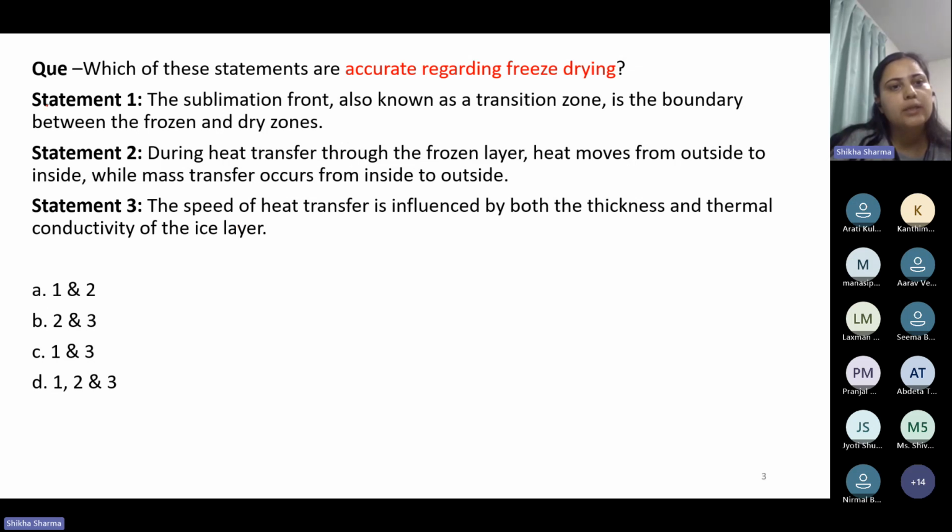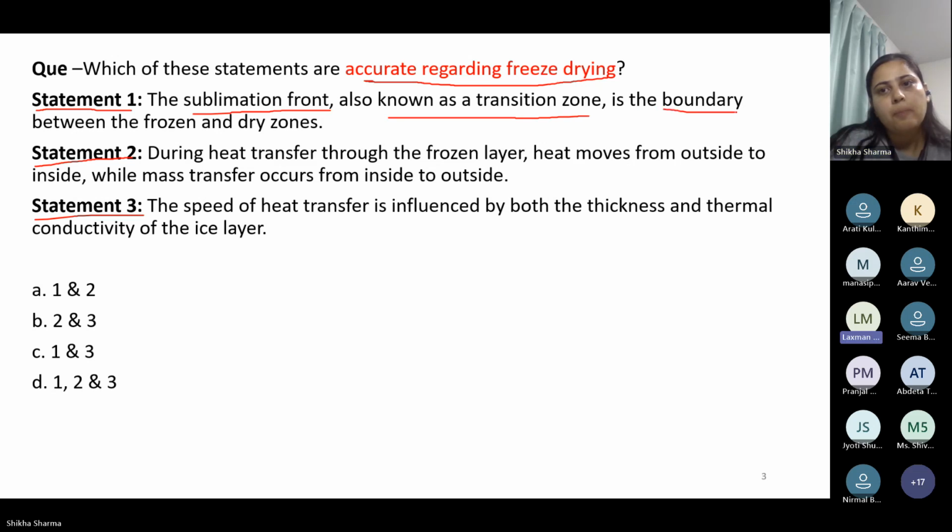We have 3 statements: statement 1, statement 2, and statement 3. Out of these, we need to find which is true or accurate for freeze drying. Statement 1 says the sublimation front, also known as a transition zone, is the boundary between the frozen and dry zones.